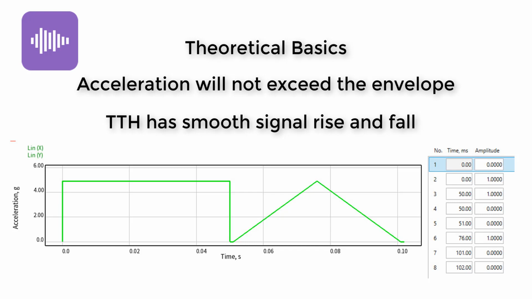The rate of signal rising and falling during the envelope edge and the duration of its fronts is specified by the user. This type of test enables running tests with shock pulses of different shapes.